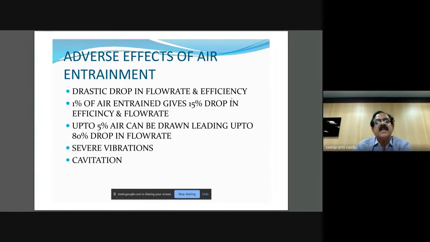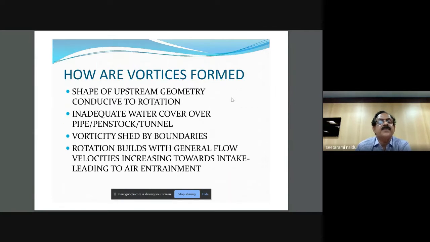Up to 5% air drawn can lead to an 80% drop in flow rate, severe vibration, and cavitation, and in this kind of situation, we should not allow the plant to operate, and it may lead to a catastrophe. We have seen this kind of situation in the Kakrapara plant and in many plants. This kind of wrong sump design gives a lot of operation problems.